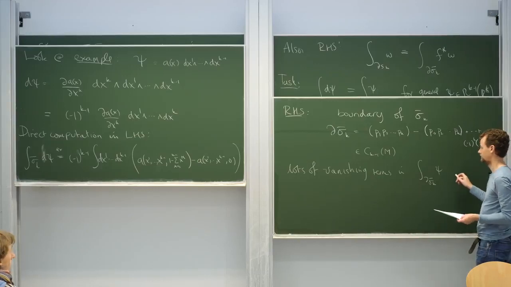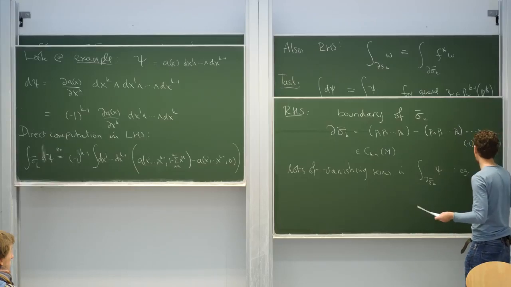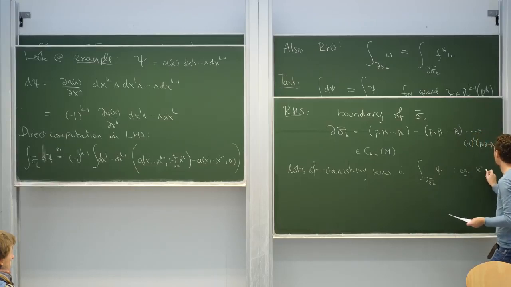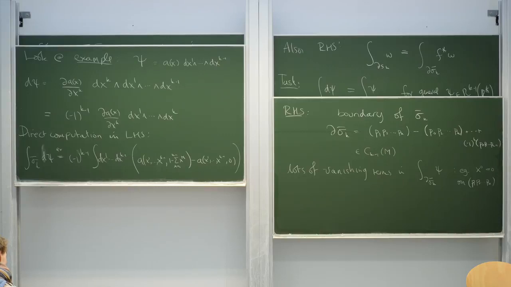For example, and this is a consequence of the fact that the 0th coordinate is equal to 0 on, say, this simplex here. Lots of zeros.